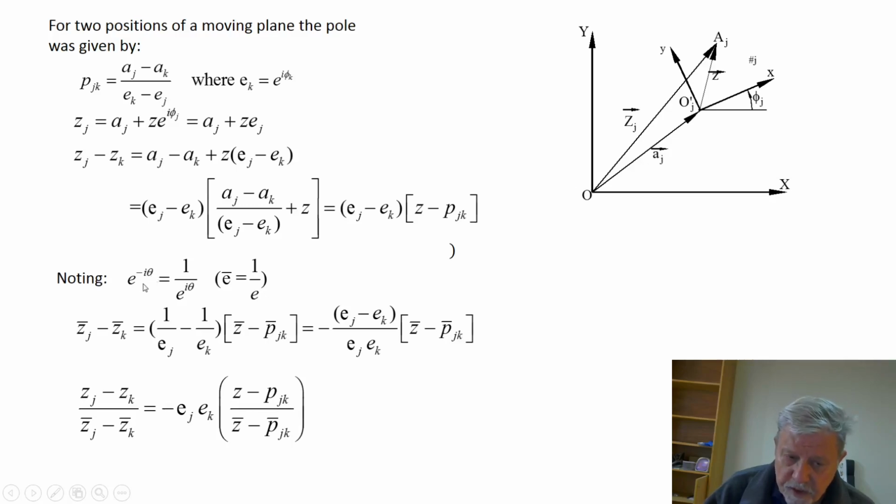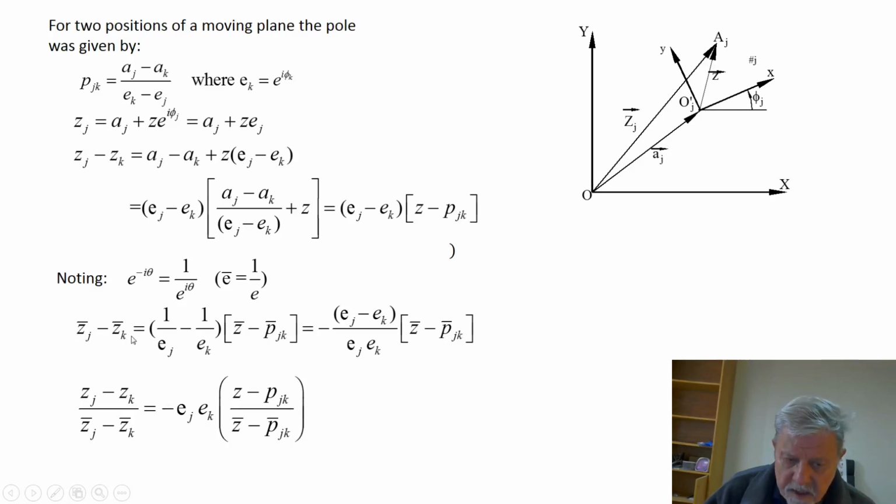If we note e to the minus i theta is equal to 1 over e to the i theta, which is equal to E bar, okay? E to the minus i theta is E bar. So E bar is equal to 1 over E. Can you see it? E bar is equal to 1 over E. Then we take the complex conjugate of Zj minus Zk.